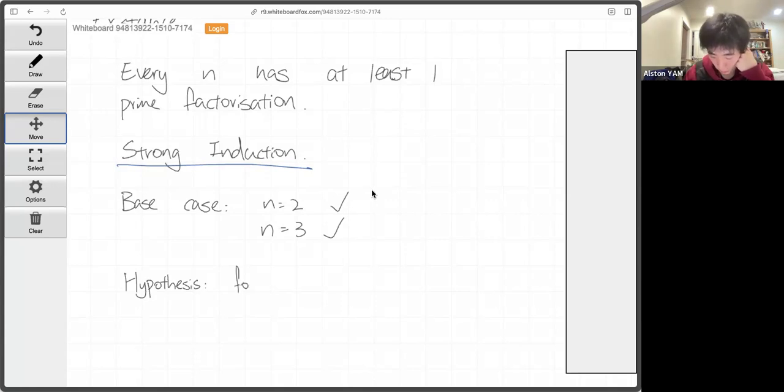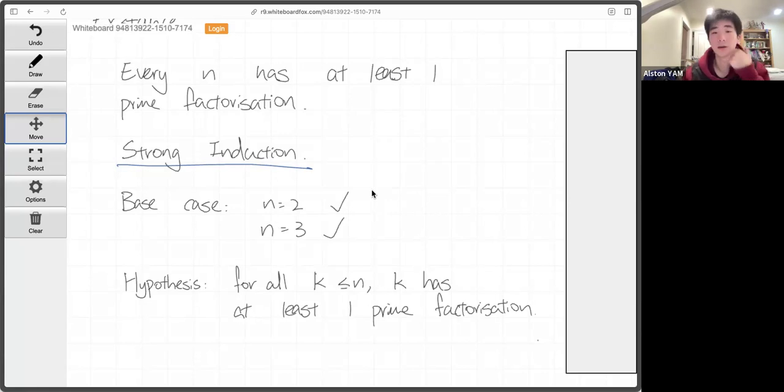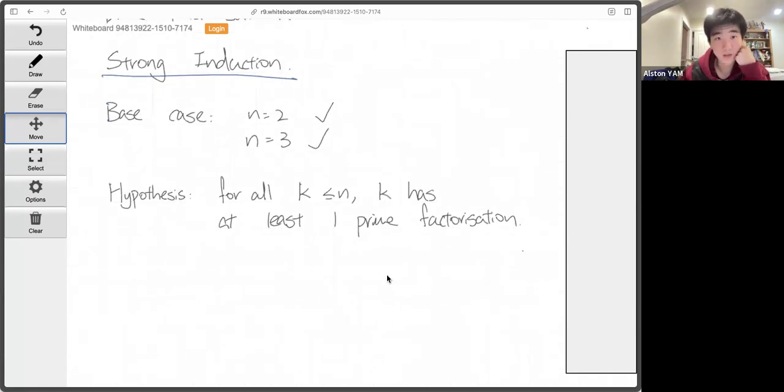for all k less than or equal to n, k has at least one prime factorization. Okay, that is well and good.